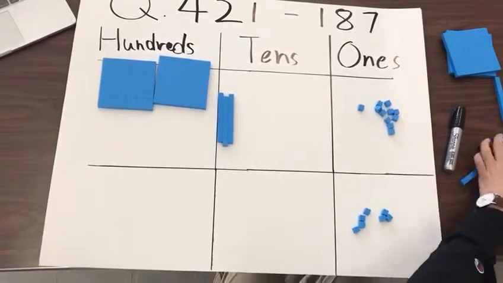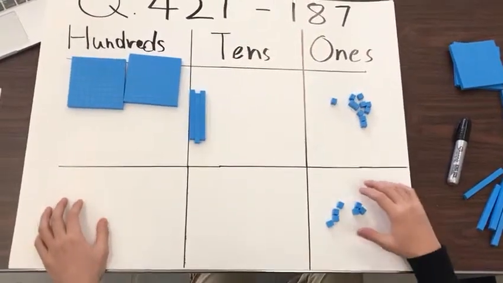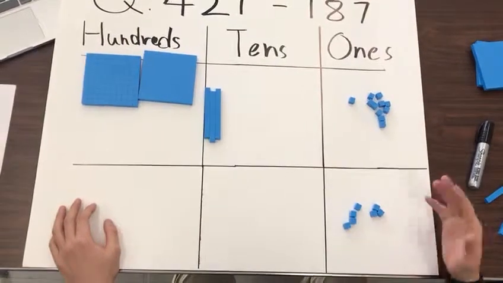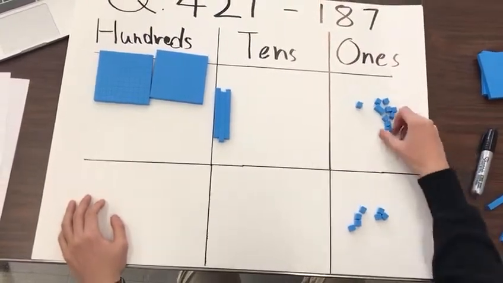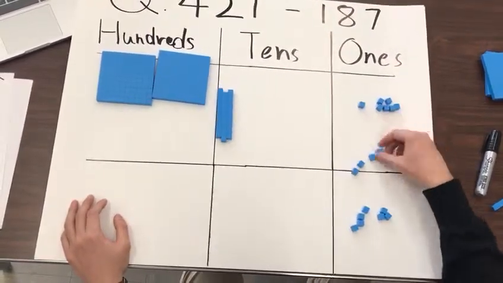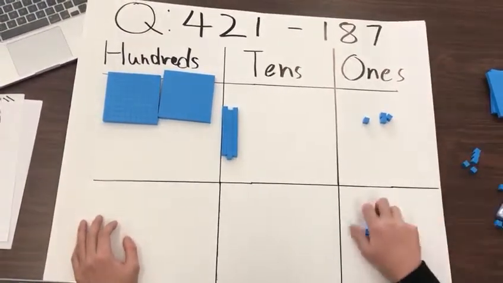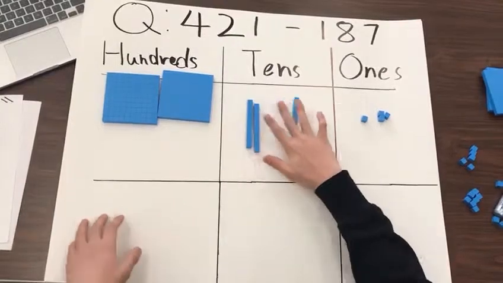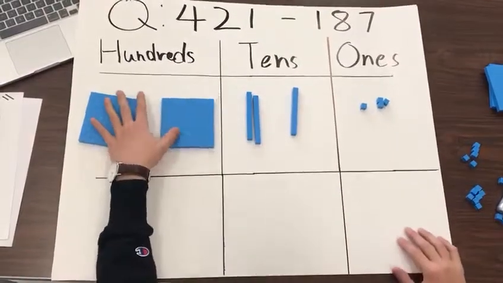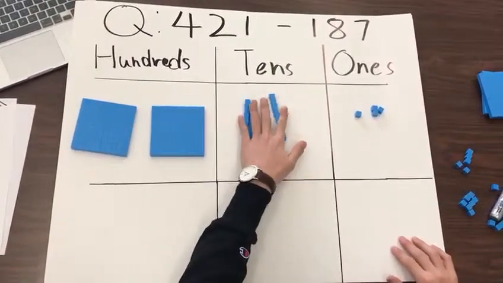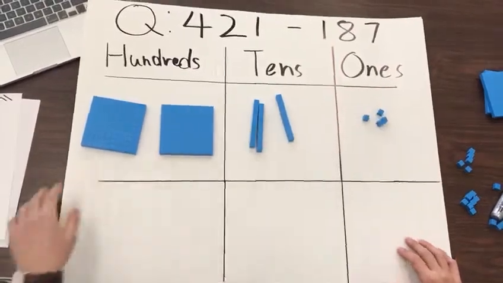Lastly, our remaining units below the line is 7, so we have to pick 7 units from above. 1, 2, 3, 4, 5, 6, 7. And there you go. This is our solution. 234 units.